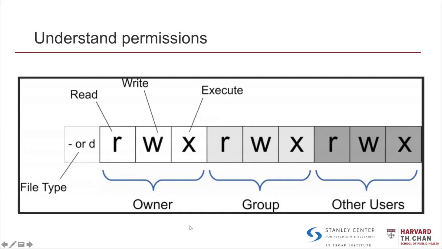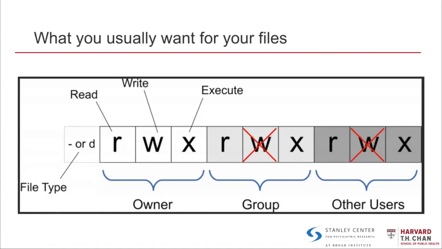In this case, it means that the owner, for example me, can read, write, and execute the file, but also everybody in the group, like all the collaborators, can read, write, and execute the file, and everybody on the server can read, write, and execute the file. What you usually want for the files you share is to let your collaborators read the files, but not modify or delete them. So you want to remove their write access.